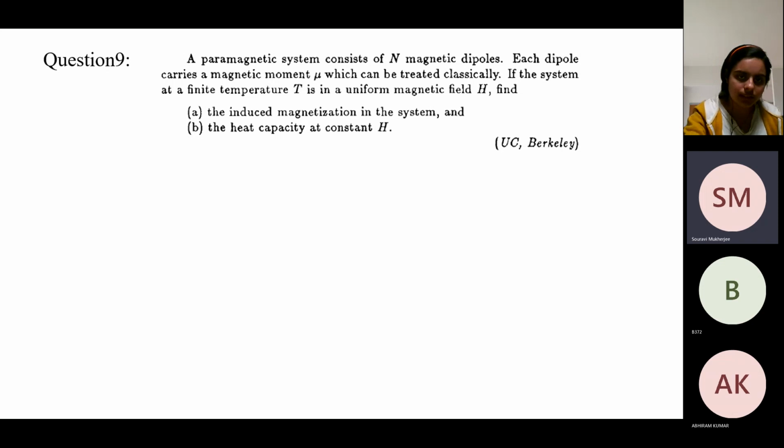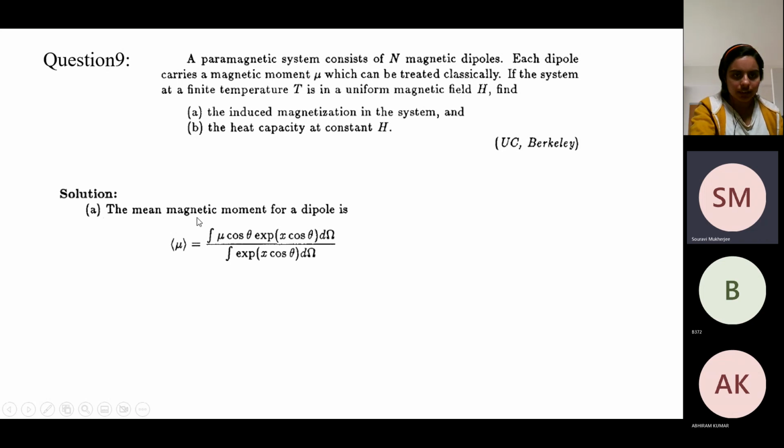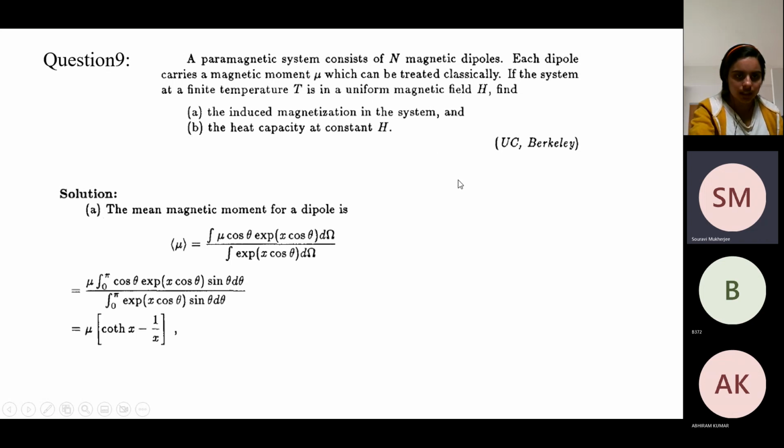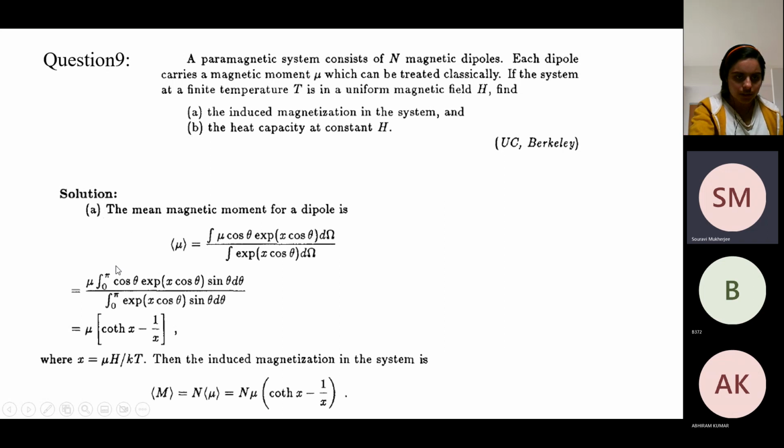The easier way is to look at what exactly you are supposed to find. You are supposed to find the induced magnetization in the system. That means you first have to find the mean magnetic moment. When you find the mean magnetic moment, it's given as mu cos theta into, here x is mu H by kT, just a variable that they have taken.